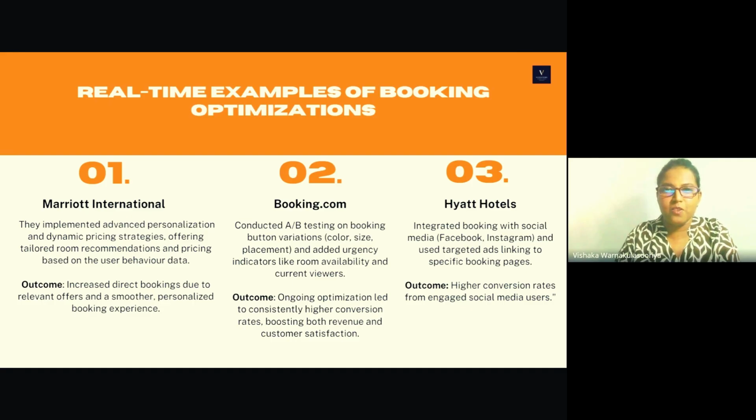Even though it looks like a small issue, that was the issue they had. Based on that analysis, they made variations to the color, size, and placement of their booking button. To do that analysis, A/B testing was the technique they used.